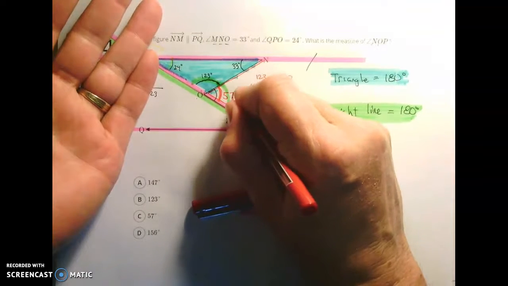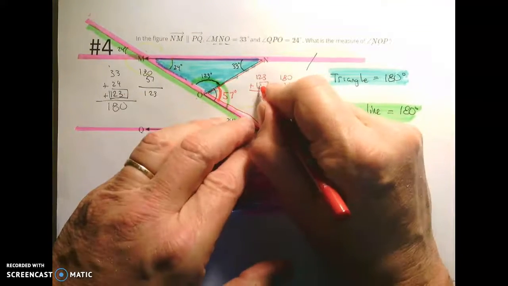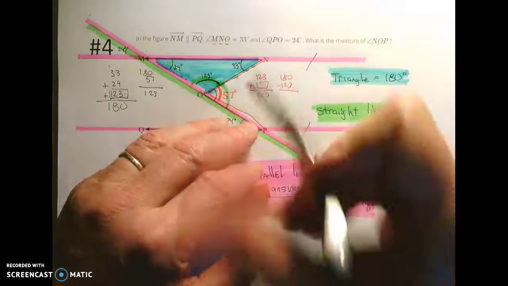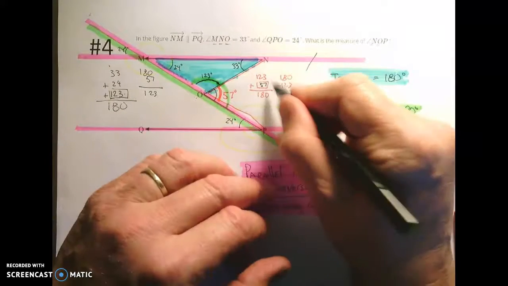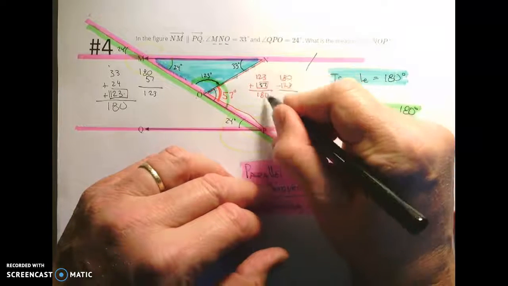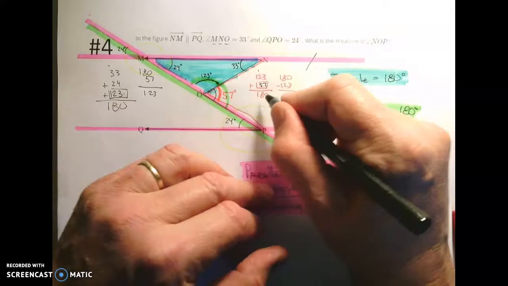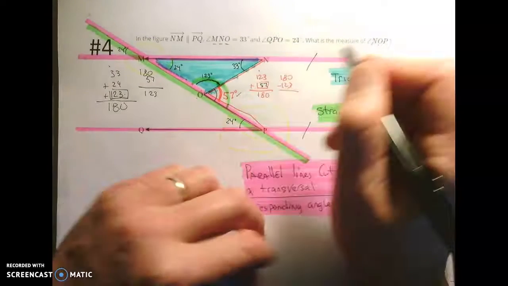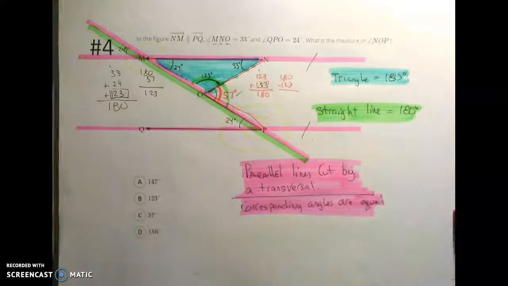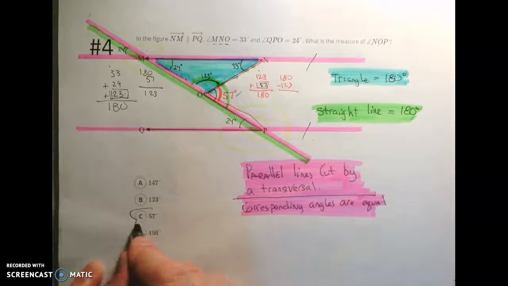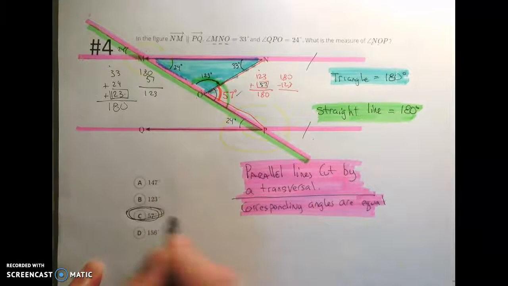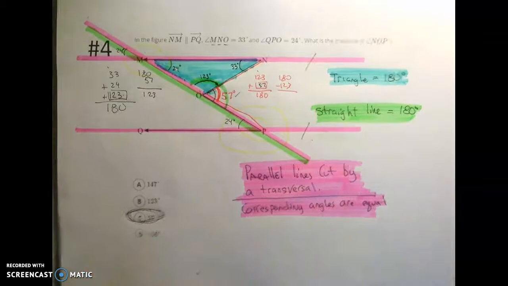I come up with that, double check me, look if I'm right. In other words, if that angle is 57 and that one is 123, do they add up to 180? 7 plus 3 is 10, carry the 1, 5 plus 2 plus 1 is 8, yep. 57 degrees, and nice, it looks like it is one of our answers, so I would put in that your answer for question 4 is C, 57 degrees.